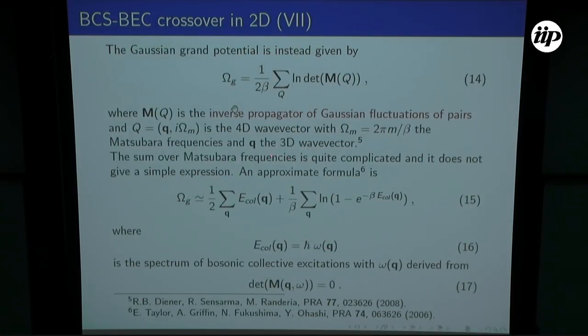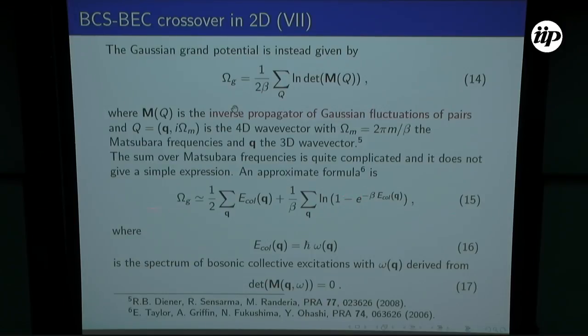But at least in the deep BEC regime, you can find that the fluctuation grand potential can be written in this way. That is a zero-point energy of these elementary excitations that I called collective elementary excitations, bosonic excitations, plus a finite temperature contribution.